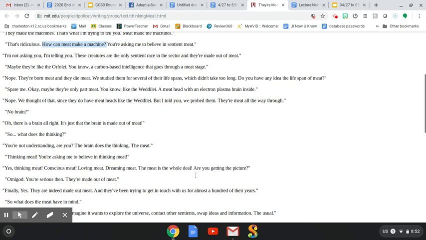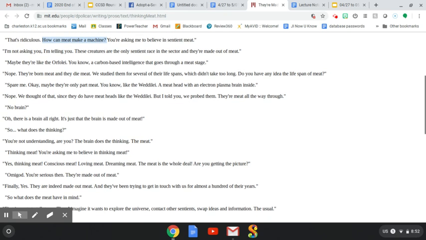So then the two astronauts get into this back and forth dialogue about what alien species the meat could be. But they don't really fit into any of the categories because they stay meat for all of their lives. The brain is made of meat. And they are also capable of communicating.